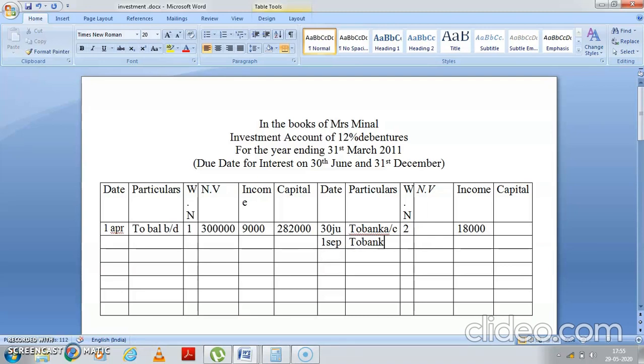We are not leaving any line, students, but when you are doing it, remember it. This is working note number 3. You have sold, NAV value is 90,000. Interest was coming to 1,800, and you have sold it for 83,700. Got it, students? 90,000, 1,800, 83,700.